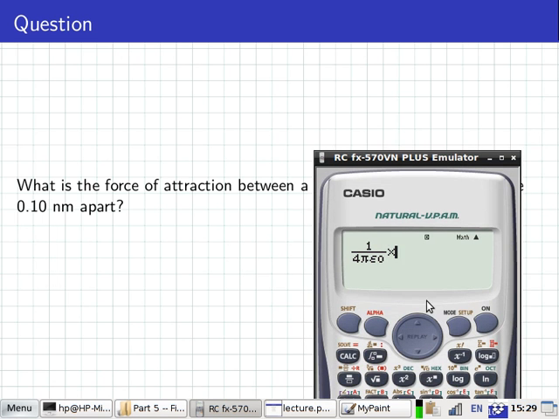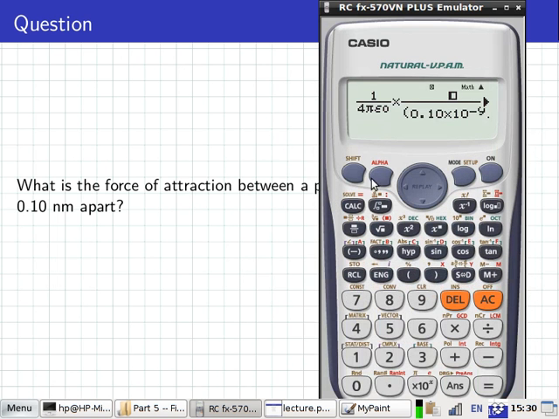Small. Should be small. The charge is 27. No, 23, isn't it?